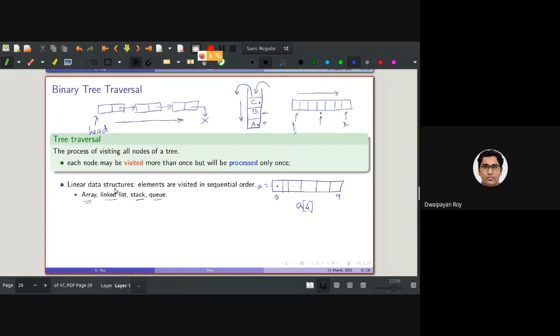Then why am I saying that we can only access a linear array sequentially? Can anyone answer this? Anyone? Please respond.